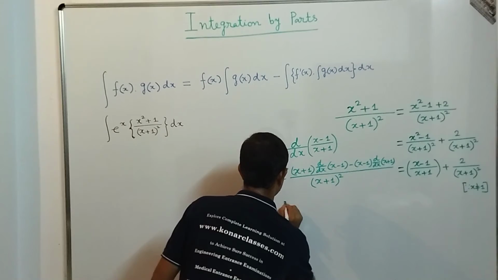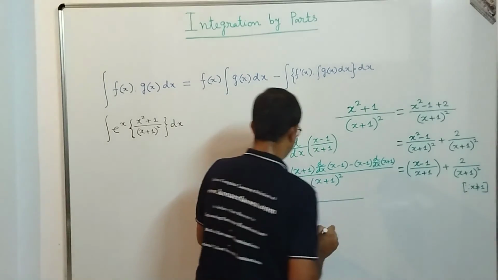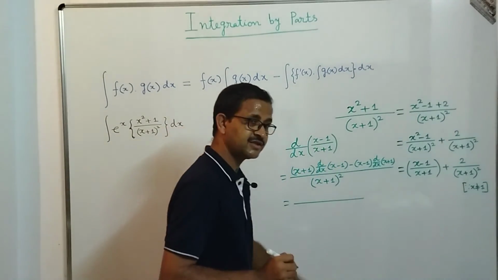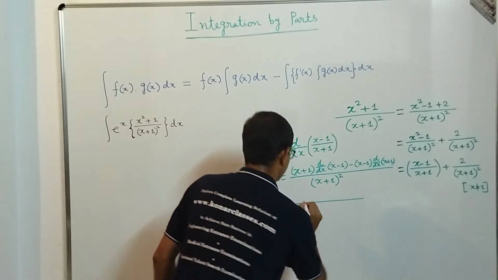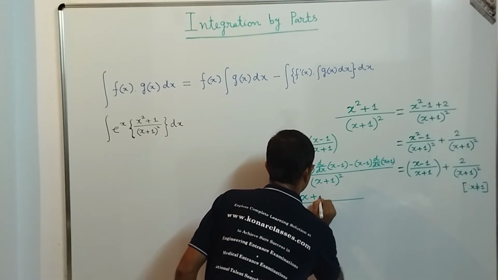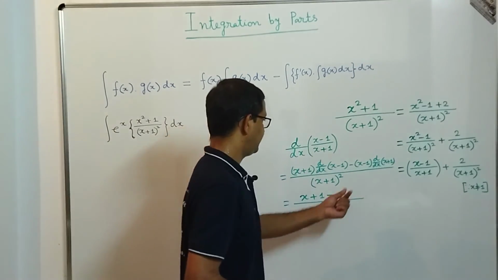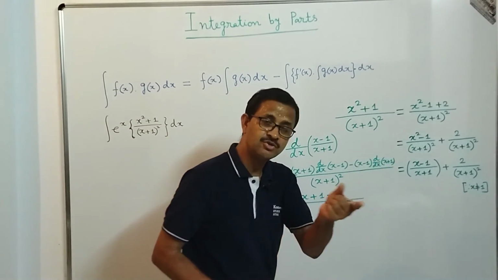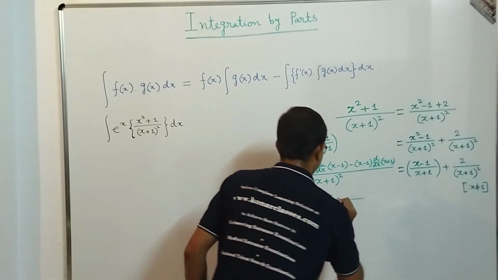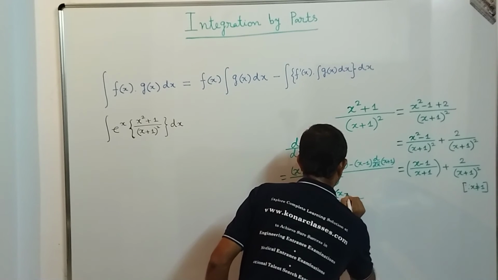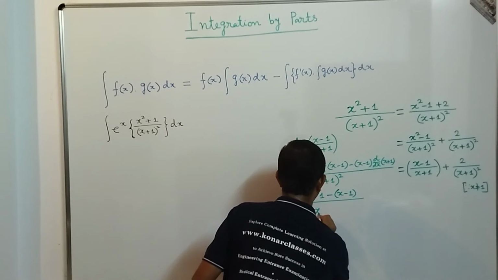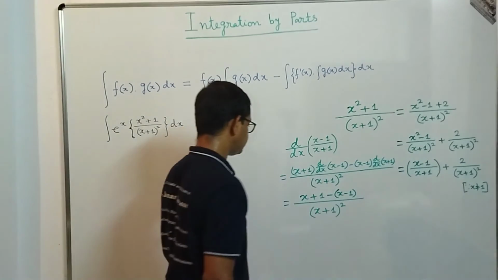So let's look at here. What we get in the numerator: (x + 1) into d/dx of (x − 1), that is 1. So we get in the numerator (x + 1) minus (x − 1) into d/dx of (x + 1), that is 1. So minus of (x − 1), divided by (x + 1) complete whole square.